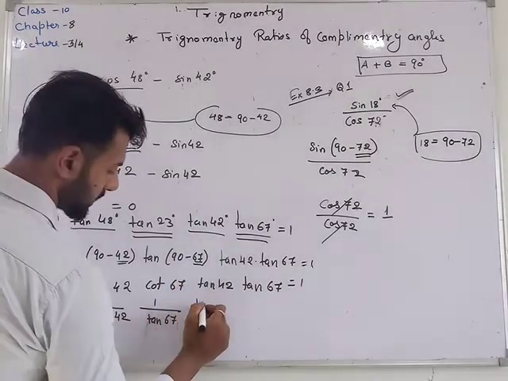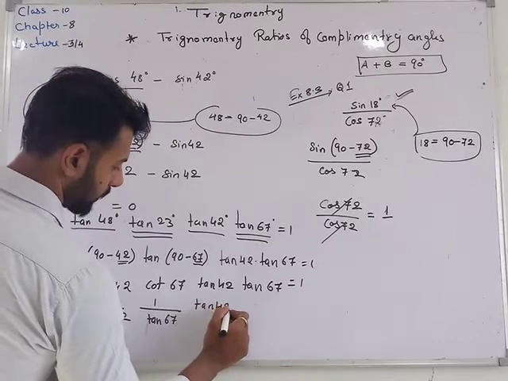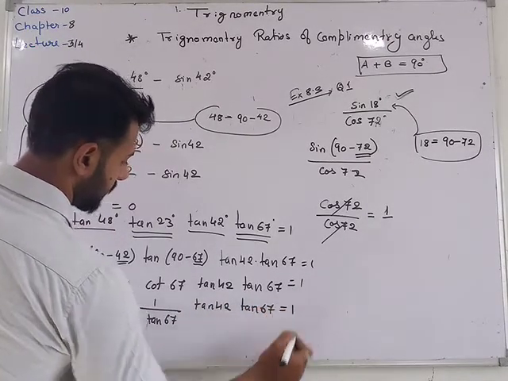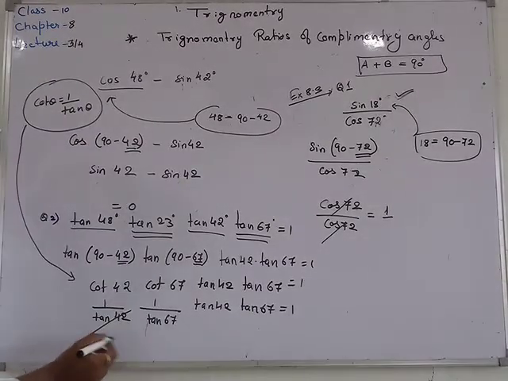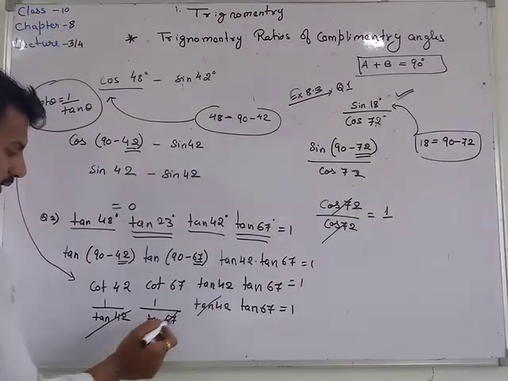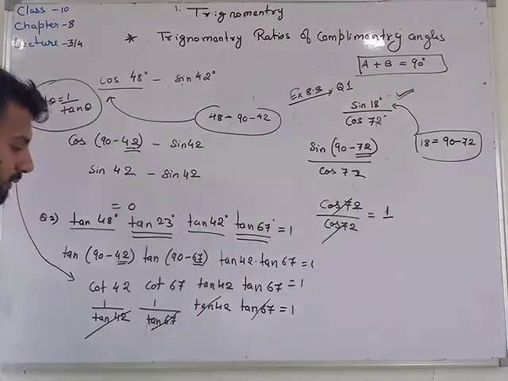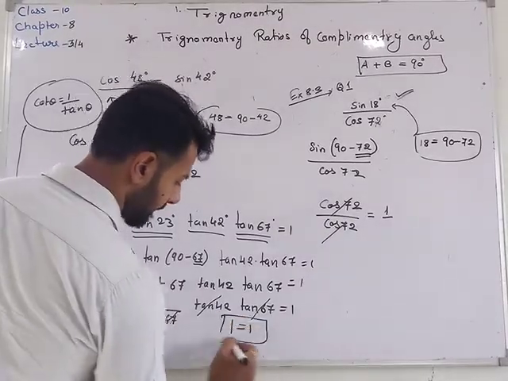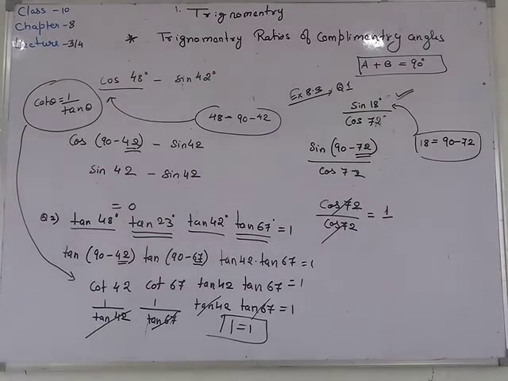So this is 1 upon tan 42, 1 upon tan 67, times tan 42 tan 67 is equal to 1. This tan 42 cancels out, and this tan 67 cancels out. So it will be 1 is equal to 1. So this is the required solution which we had to show.